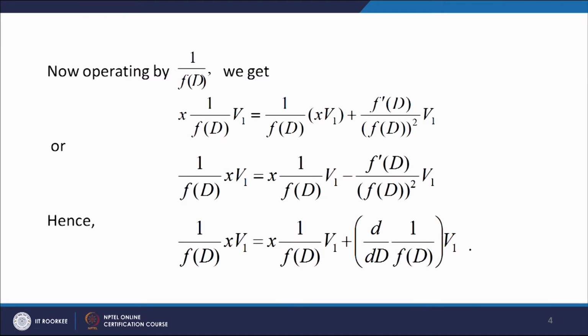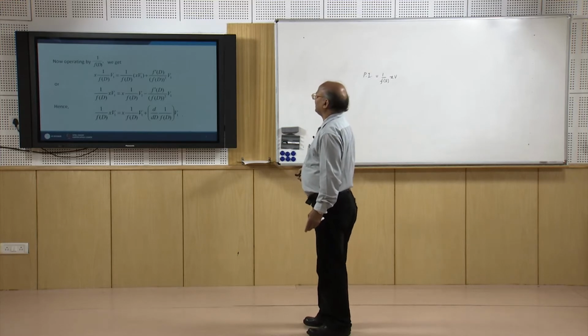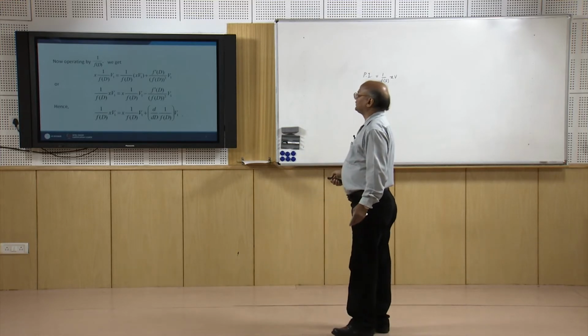And hence 1 over F(D) operating on xV1 is nothing but x 1 over F(D) operating on V1, and then this can be interpreted as derivative of 1 over F(D) with respect to D, like we differentiate 1 over x with respect to x. So, minus F'(D) over F(D) whole square can be interpreted as the derivative of 1 over F(D), and that is operated on V1. Now, since V1 is an arbitrary function, V was an arbitrary function, so V1 is also arbitrary.